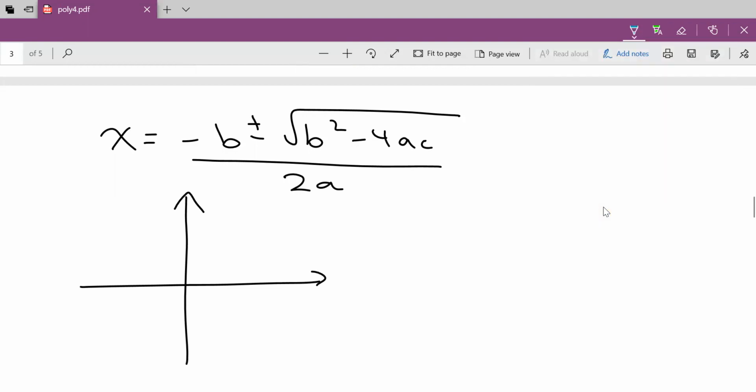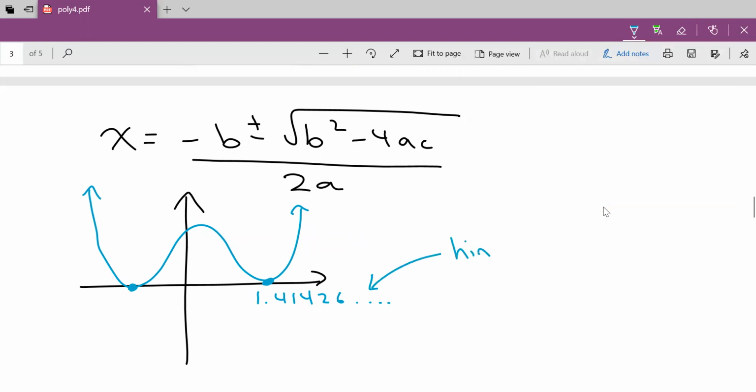So say I had some lovely looking degree 4. When I go to look at my x-intercepts in my graphing calculator, if I get an x-intercept of 1.41426... and it never stops, it's an irrational number here. This right here is my hint. You better be using the quadratic formula.